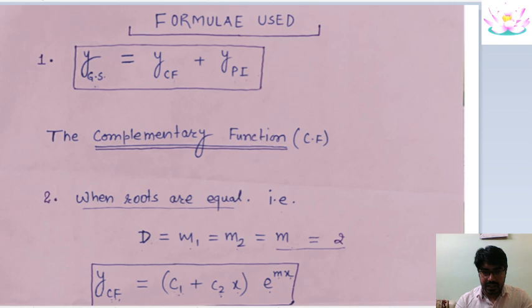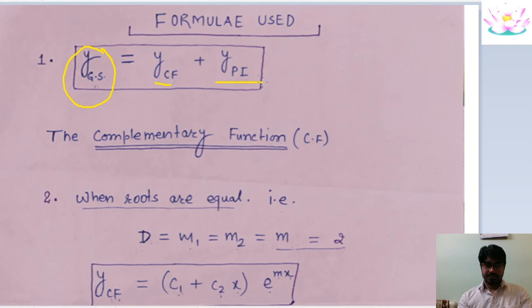Yes. The first formula we will be using is the general solution. The general solution is the sum of the complementary function and particular integral. The complementary function can be calculated like this.